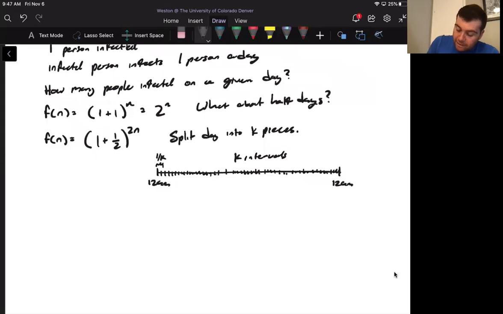So then f(n) equals, for each day, (1 + 1/k)^(kn). So we have k intervals, and the chance of getting someone in that interval is 1 over k.